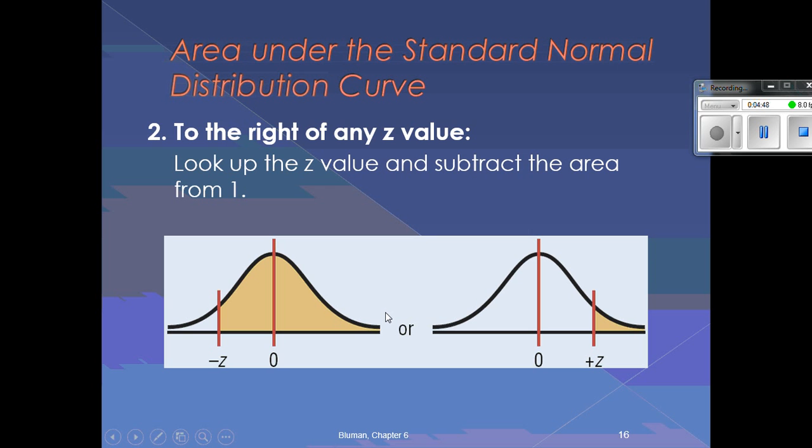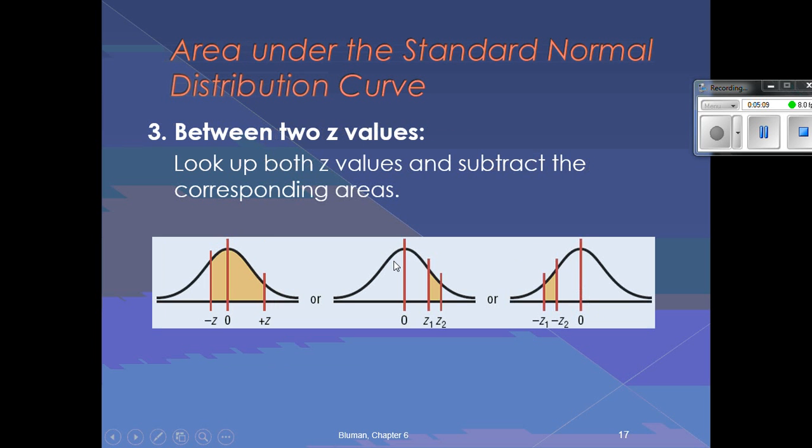So this is that table in your book, and it's simply an explanation of how to calculate it. I think for most of you, you're going to understand it. It's going to be pretty intuitive. But if you have to look back at this from time to time, that's perfectly fine. What if you're looking between two z-values?